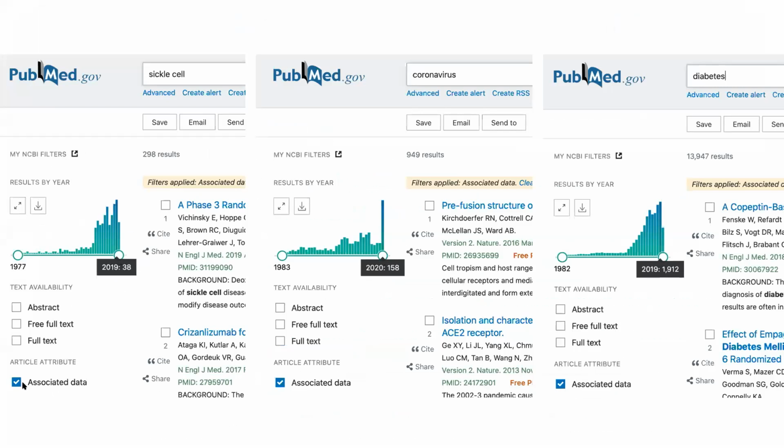But if you reduce the number to only papers with associated data, you can see that the numbers are much less, right? The total number for papers with associated data: for sickle cell, 298; coronavirus, 949; diabetes, 13,947. So a small proportion actually provides you with access to new data. If a paper does not provide you new data, it's not going to show up.